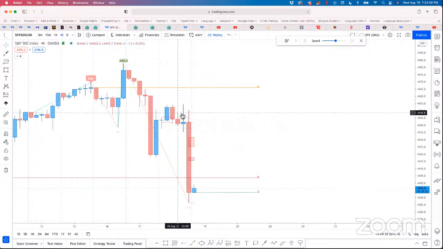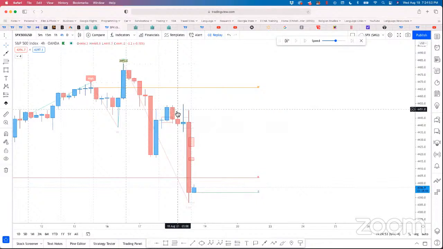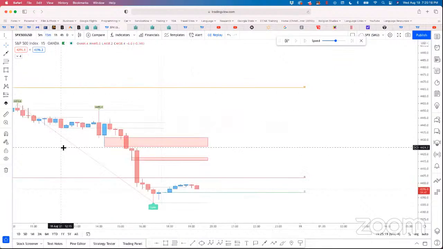So when I got in the sells around here and I saw price up here, the mental stop says if it does not break and close above this, I can stay in this trade, even though this is my actual stop loss. If I had gotten in here, this would have been my stop loss. It came to my stop loss, but because it never closed above it, I could be okay with staying in that trade. But if we get the break and close above it, then you're out of the trade. It's done for.